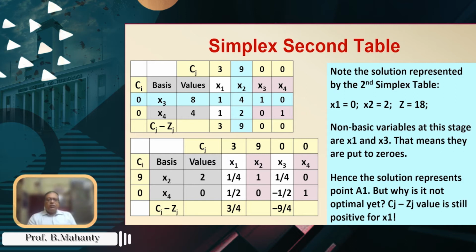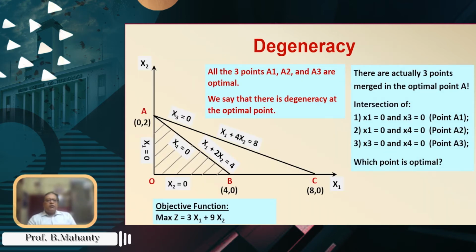But we are not accepting this optimum solution because x1 is now coming into the basis. All right, so this is what has happened. So this degeneracy has occurred. That means all the 3 points A1, A2, A3 are optimal.